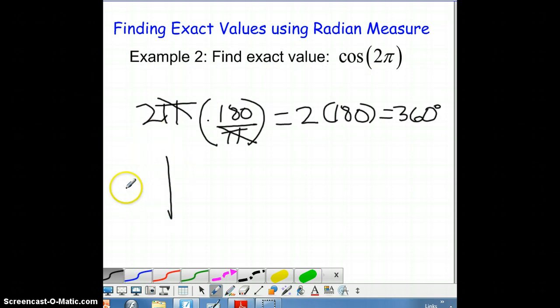So whenever you're stuck on a problem like this, it's always a good idea to go ahead and graph it. So this is a 360 degree angle, and the ordered pair that corresponds to this angle, since it ends there, would be 1 on the x-axis and 0 for y. So the ordered pair would be 1, 0.